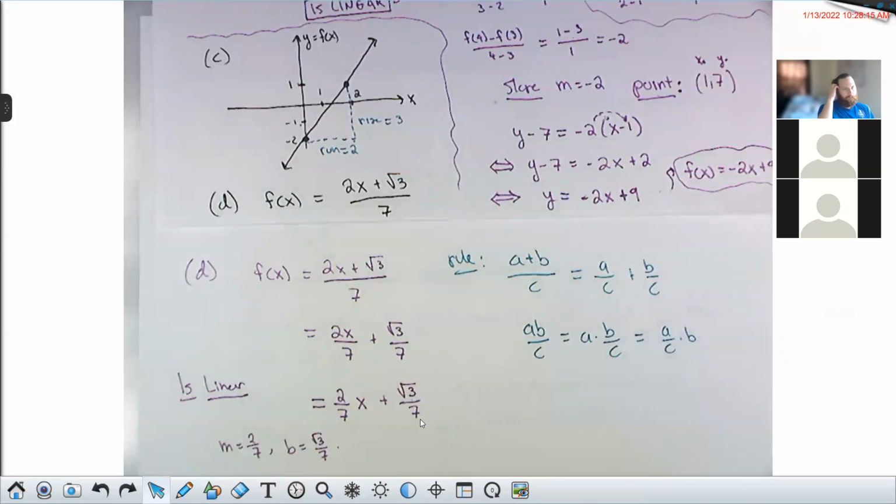Just little baby algebra tricks here. Important things to know and be comfortable with. So yeah, this is indeed a linear function, right? And the way I discovered that is by writing it in the form mx plus b, so I don't need to go through any more of that there.